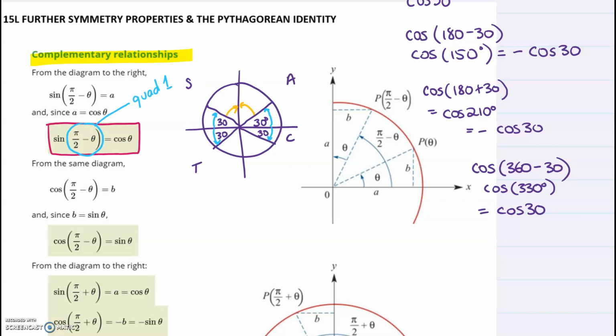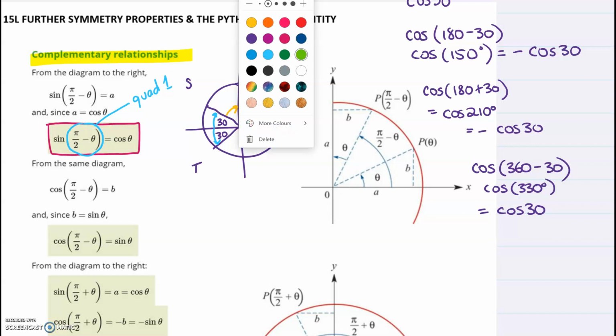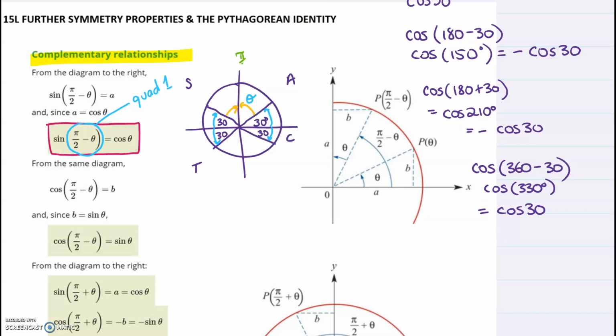But because they've taken the angle back to the y-axis, so pi on 2 is up here, and then if you subtract theta, it's actually giving you an angle in here. So instead of giving it to the x-axis, it's the y. So all you need to do is swap your sine and cos. So in that quadrant, sine's positive, so it'll be cos theta.